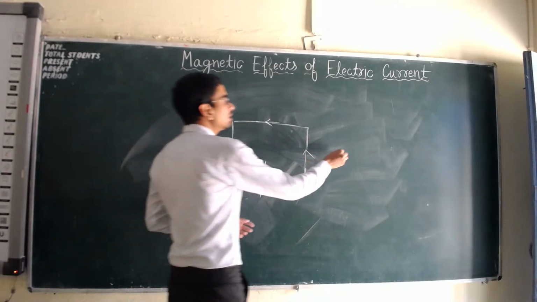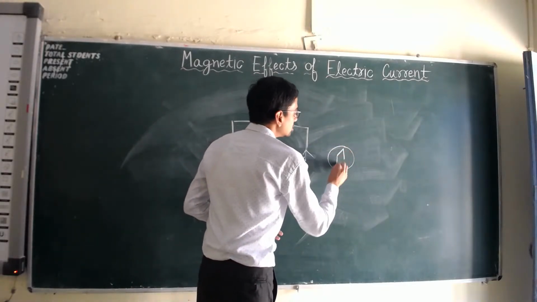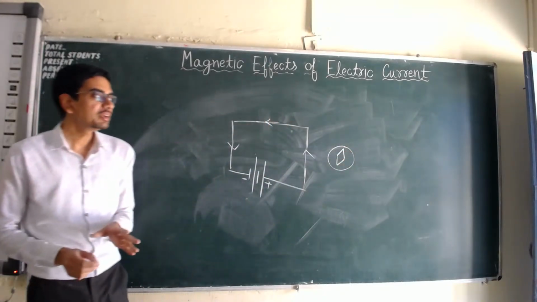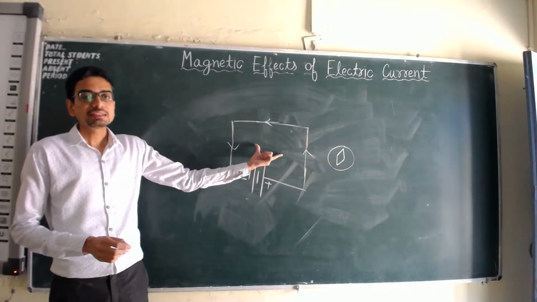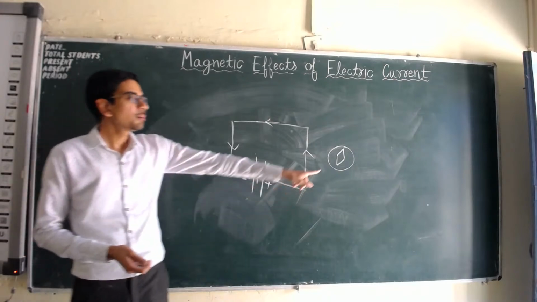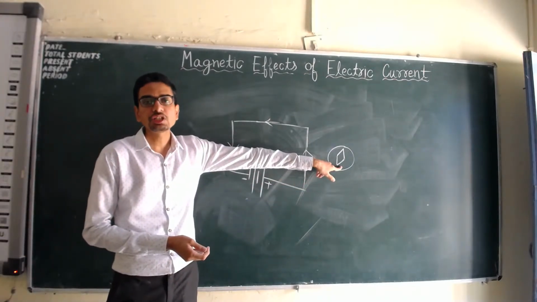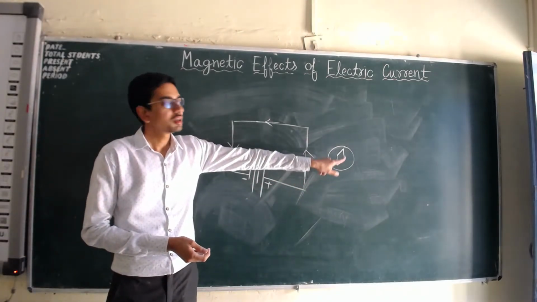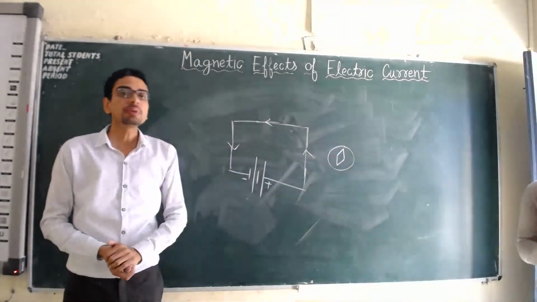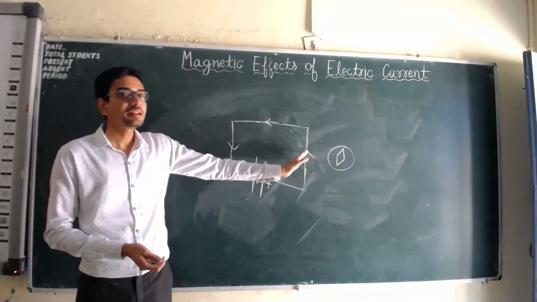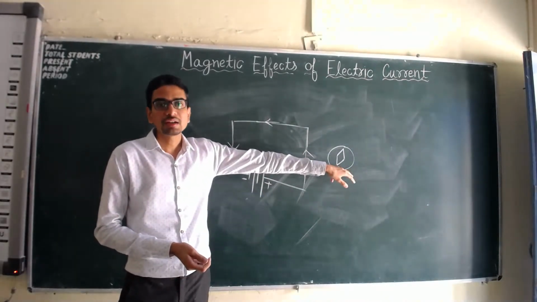When we place a compass needle, जब हमने compass needle यानी एक बार मैग्नेट को इलेक्ट्रिक वायर के पास रखा, what happened? This compass needle shows deflection. Deflection means it displaces from its position. It means that there is some force on this bar magnet.